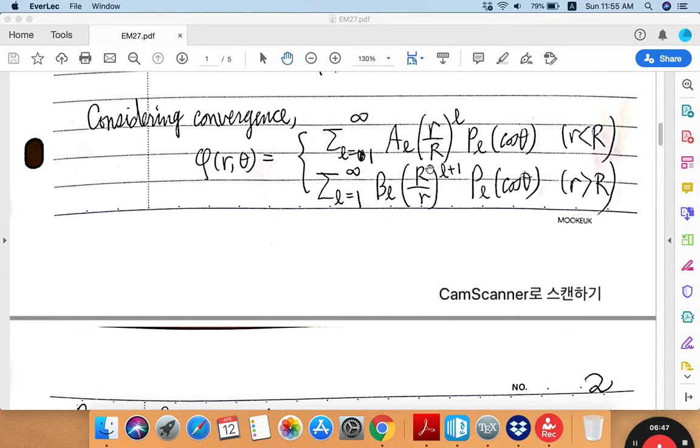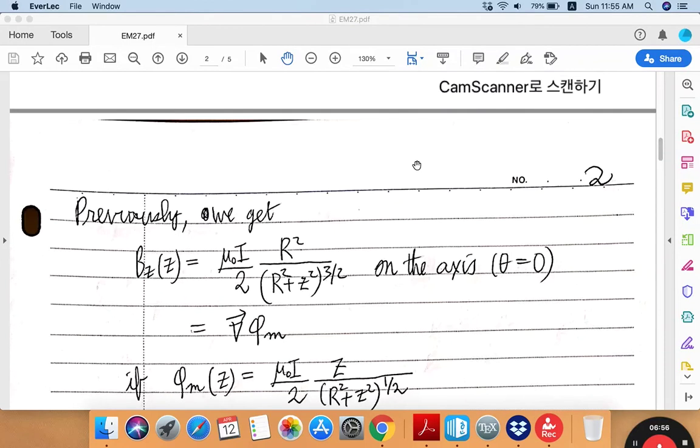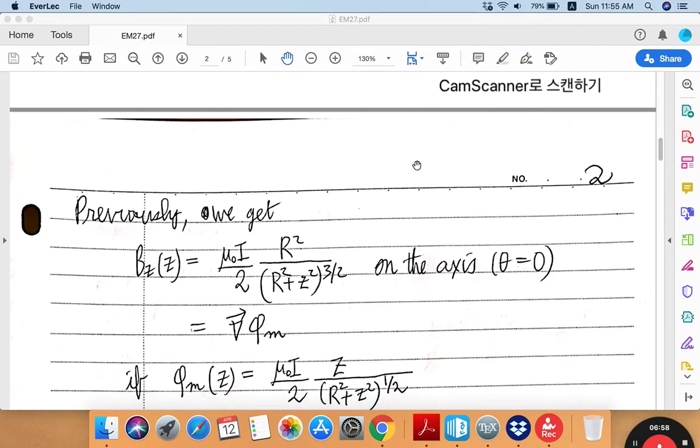Okay, so as usual, now we have to face the task of finding out what the coefficients are. In this case, we're going to exploit the known results. By known results, I mean the answers that we already had for the magnetic field along the z-axis, and the answer was given by this function.